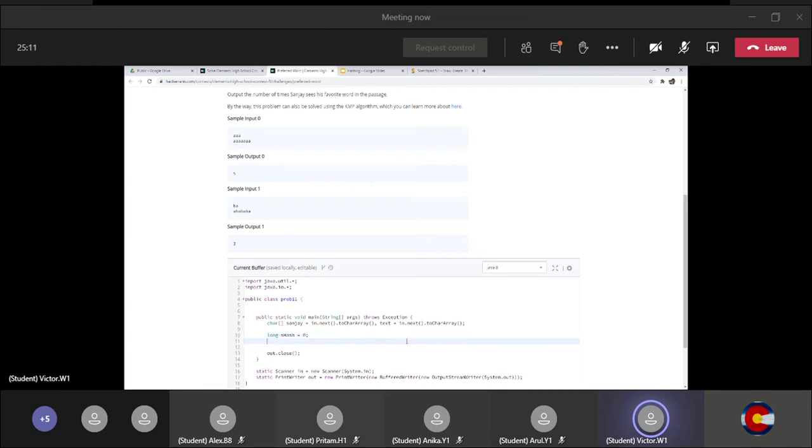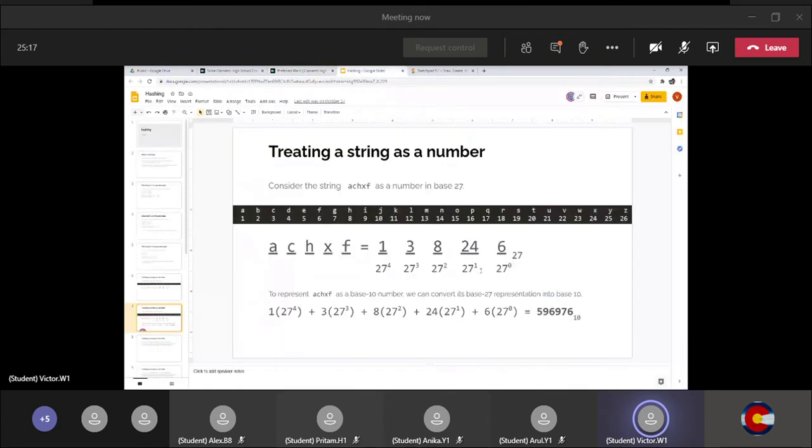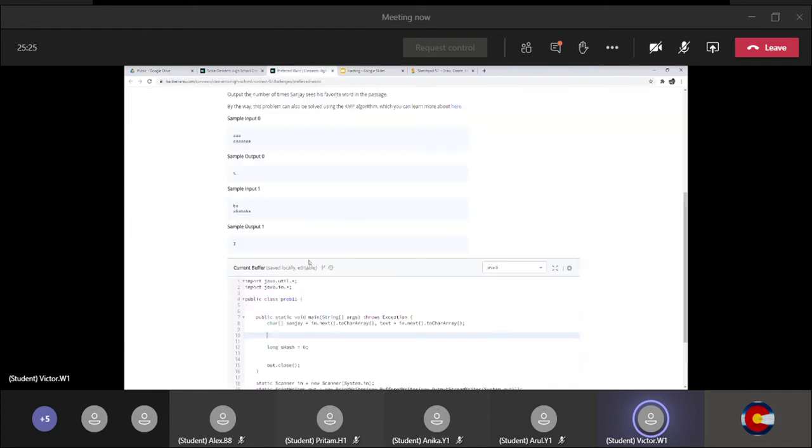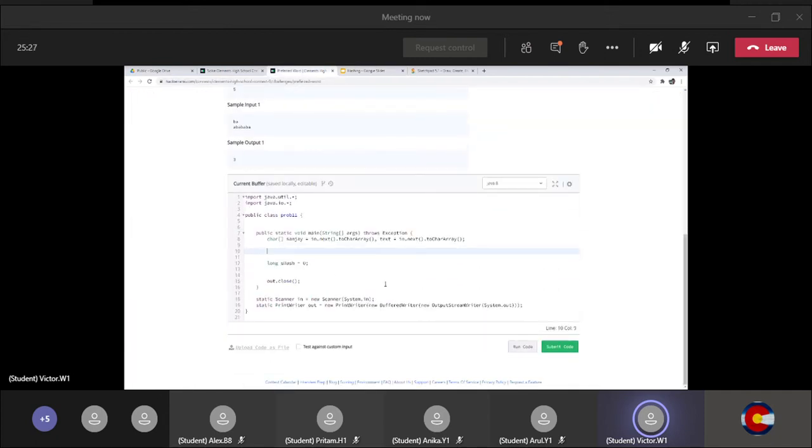Before we do this, we need to pre-compute all the powers, because when we do this computation it would be convenient to have a lookup table where we just find the base to the power of some exponent. So we're going to declare an array called pow, with length Sanjay.length, because that's the maximum power we're going to use.